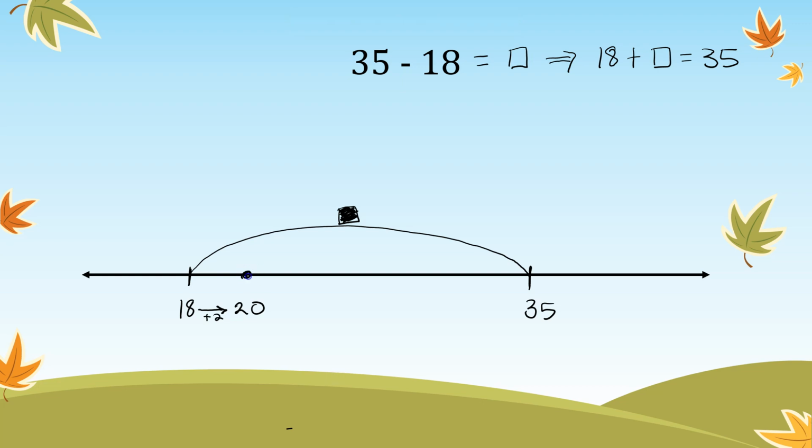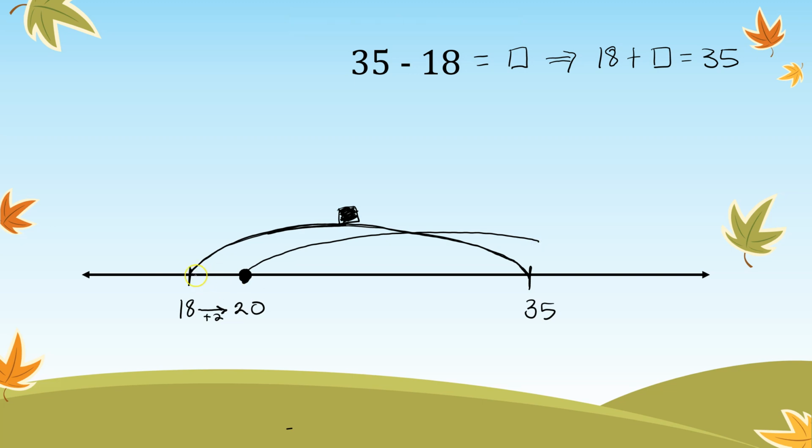So here I am at 20. If I keep this distance the same, and I start right here at 20, where am I going to end when I draw this? Where's the other end going to be?